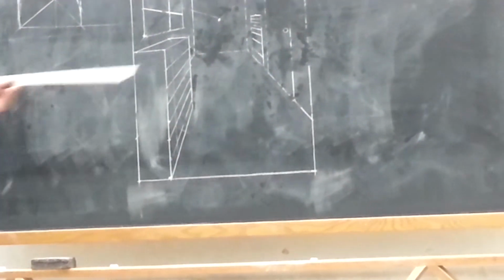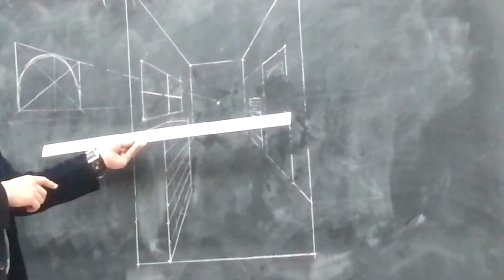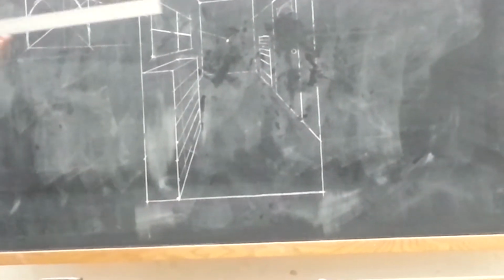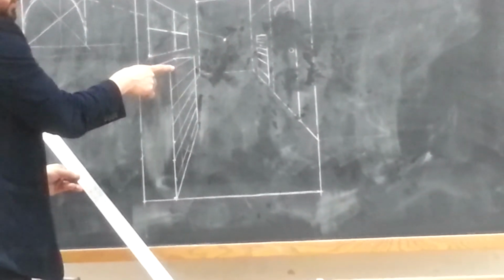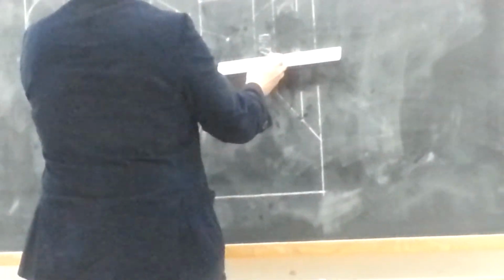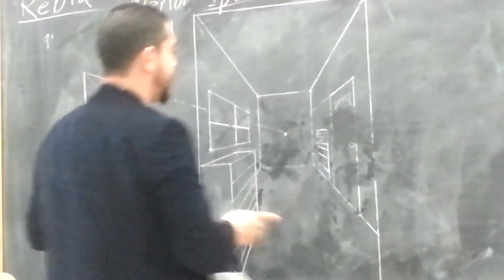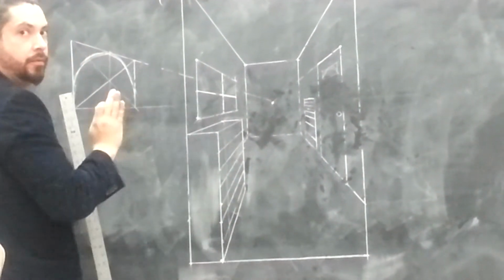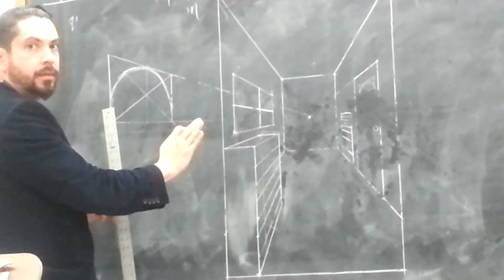So these lines that are going back are going to be straight horizontal lines that go back and meet up with this line right here. This line, just so you know, is the back corner of the bookshelf. Okay?